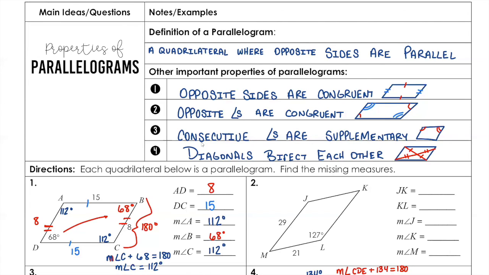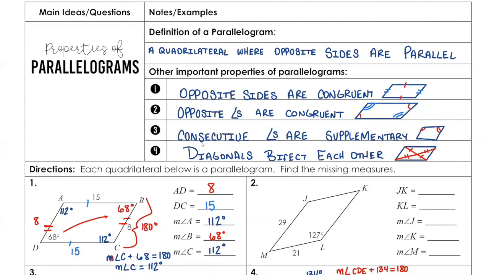So if a figure is a parallelogram, opposite sides are congruent. They're not necessarily congruent to each other, so like all four sides are congruent, unless we start talking about rhombi and squares. But in a parallelogram, opposite sides are congruent.